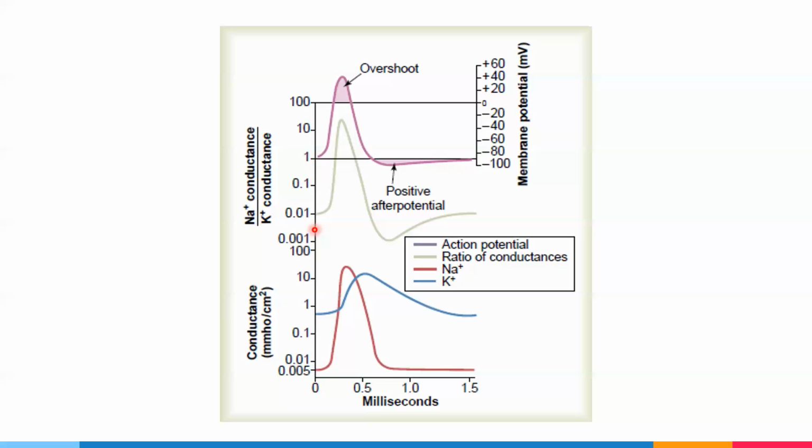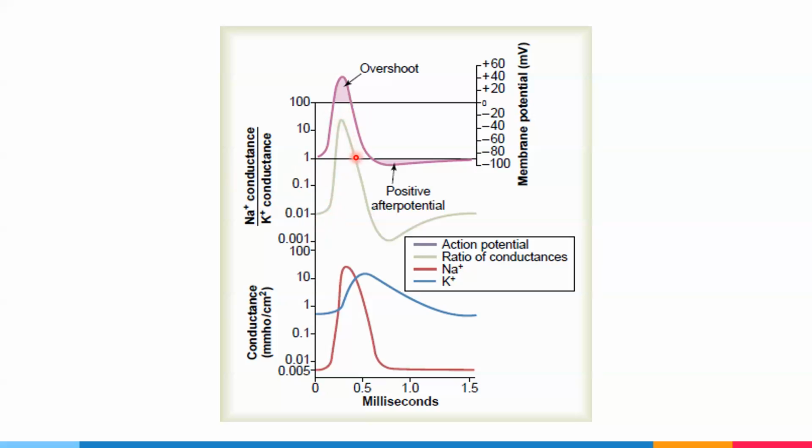But as the action potential starts, we see a gradual increase in this ratio, which means the numerator is increasing gradually till it reaches a maximum, which is way higher than unity, which means that the sodium conductance has gone way up above the potassium conductance.